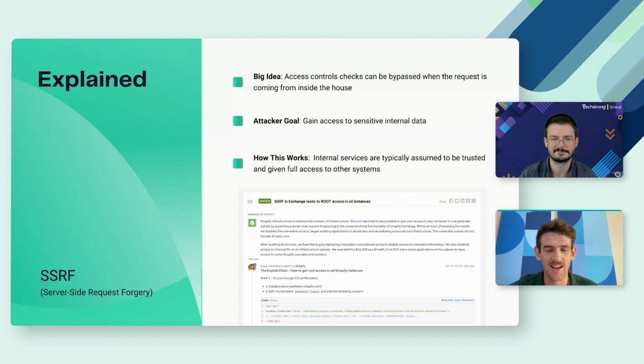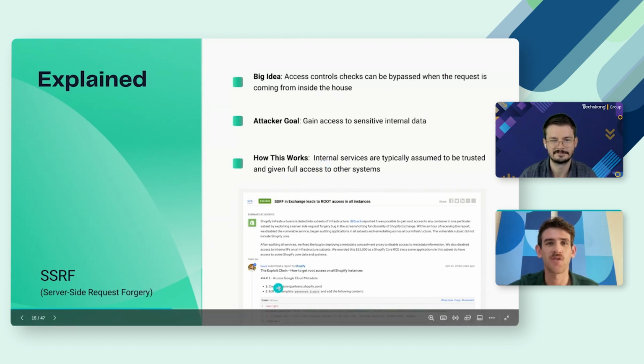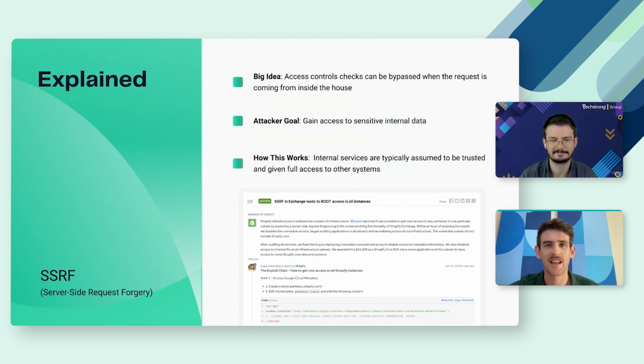They could have been listening in on all network traffic if they wanted to, and all they really did here, as you can see, is write this 4-line script. They created a script tag that said, "Hey, let me fetch some metadata from Google," and because it's running on the Shopify server, everything is possible. So that's an issue that people don't typically expect, but can basically lead to critical vulnerabilities.